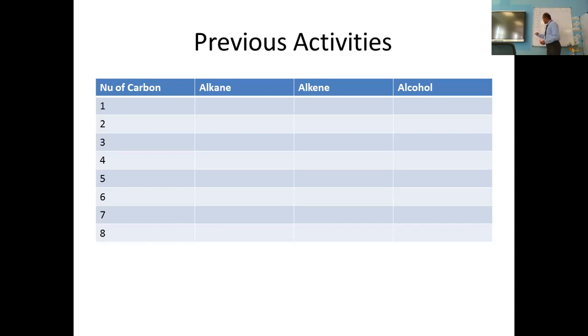It is 7. It would be hept. It is 8. It is oct. Now, by using this method, we can name all the alkane. Okay? So, to name the alkane, let us look at the board clearly.